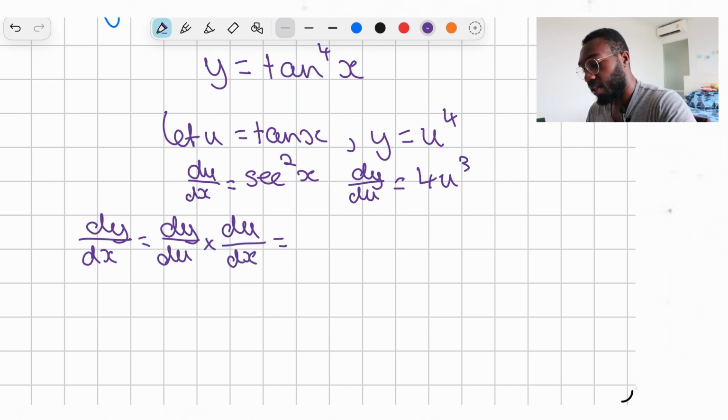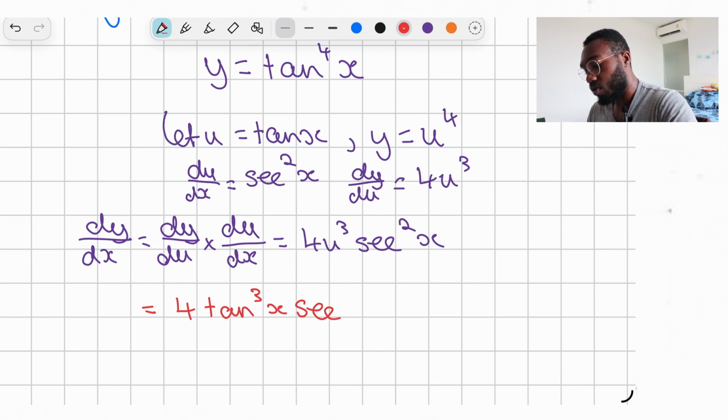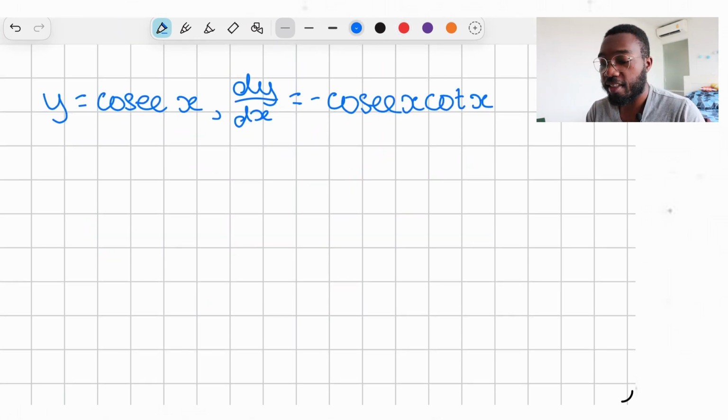So it's just going to be our 4u to the power of 3 times the sec squared x. And now once we've done that, we just put back in whatever our value of u is. In our case, that was tan x. So we would just get 4 tan to the 3x, and then that would be sec squared x.